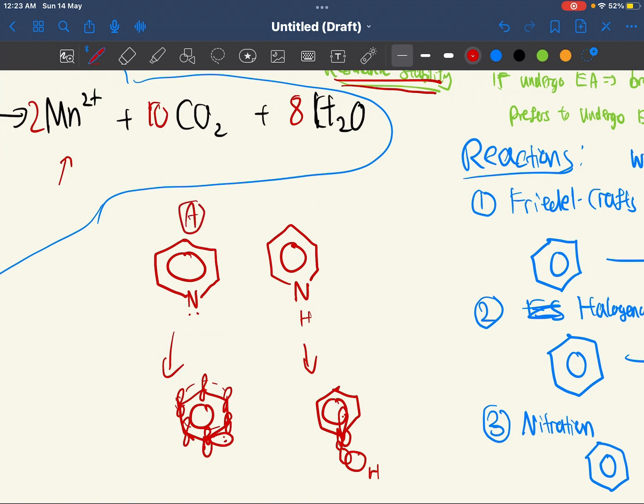So when I look at A here, I see this nitrogen atom. It's of course sp2 hybridized, so it's the same hybridization as our carbon in the benzene ring, but the weird thing is that it has its lone pair of electrons here, so it's not bonded to H like over here. So let's not confuse the two.